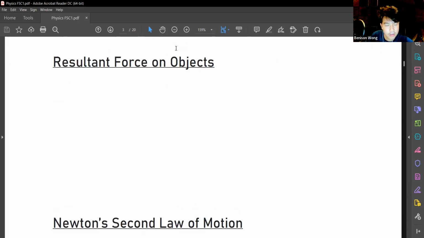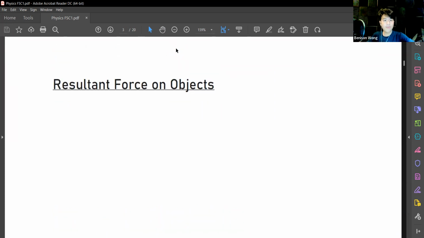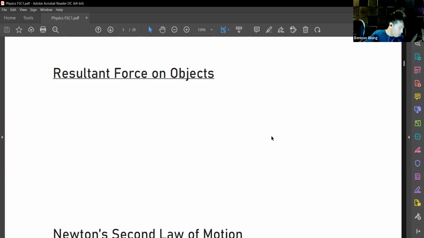All right, so let's take a look at resultant force on objects. Can you give me an example of when resultant force applies? What are some examples of applications of resultant force? Anyone? Everything.